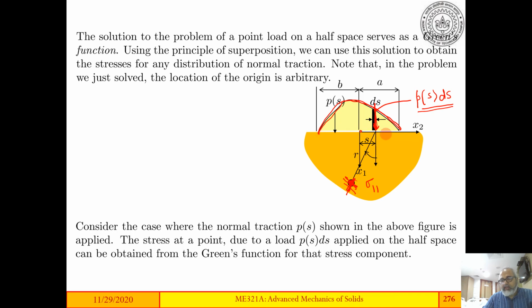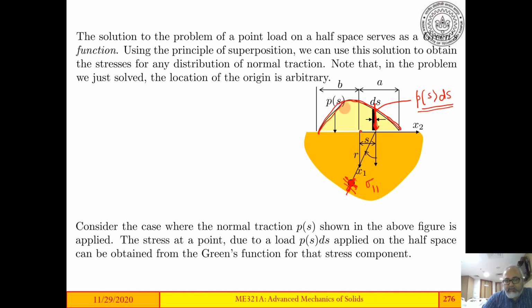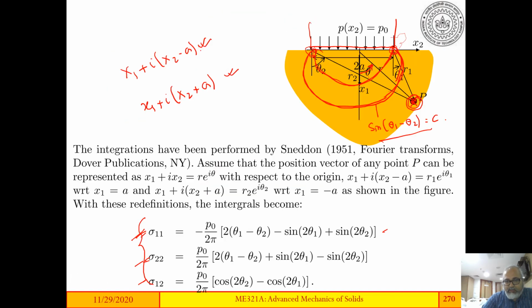Integrate from B to A, and that will give you the total contribution from all such strips that make up this distribution of loads. So this is what you will get immediately by using the Flamant solution, or the Green's function solution, for the half space problem. We had done a Green's function solution for a full space problem also. We called it the Kelvin problem.